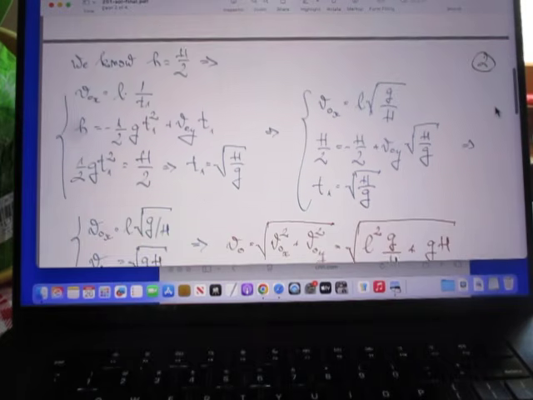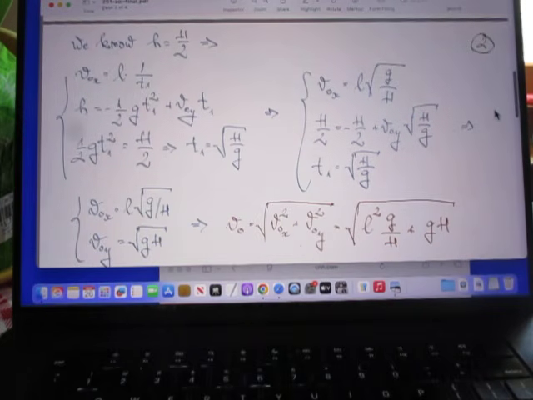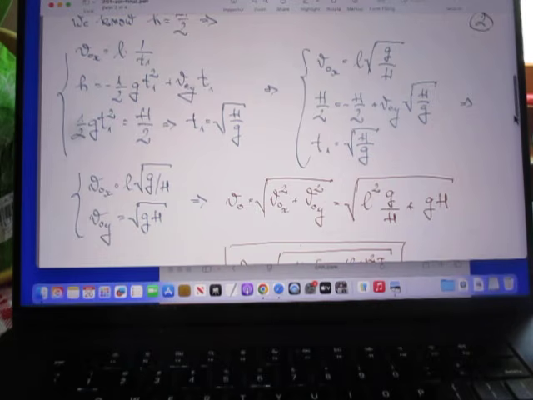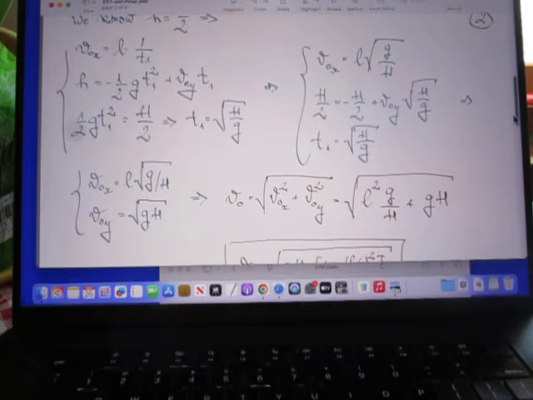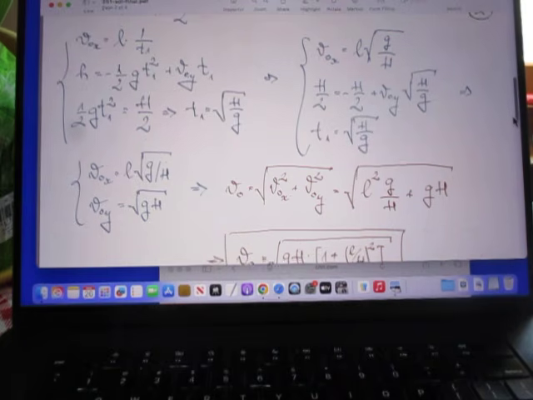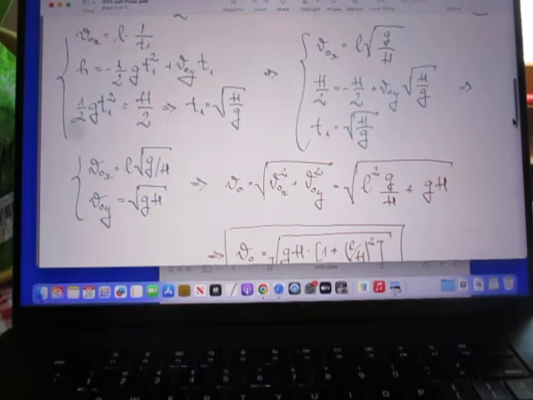We know that lowercase h is capital H divided by 2. He has V0x, out pops h, traditional high school physics, nothing special.